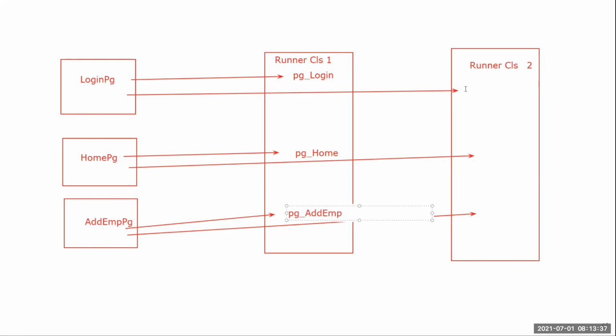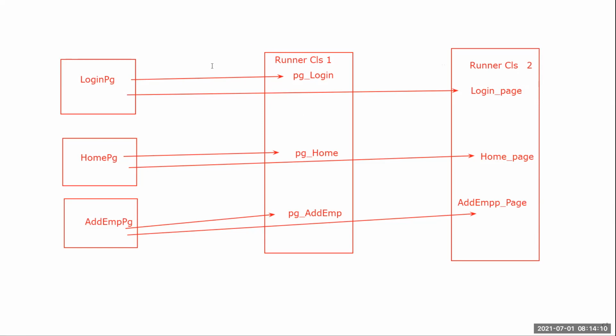But here the other person, who is unaware that you are using this naming convention, created login_page, and then home_page, and then here addEmployee_page. You see, 2 different people on the same project created 2 separate objects with 2 separate names, right?